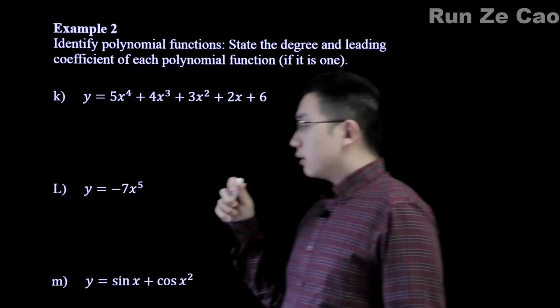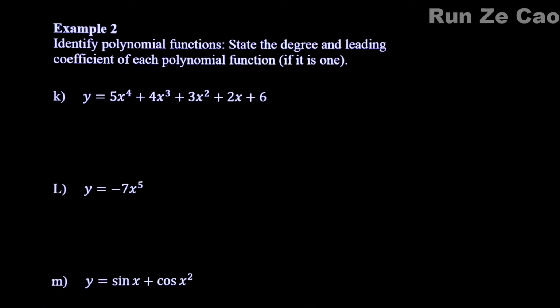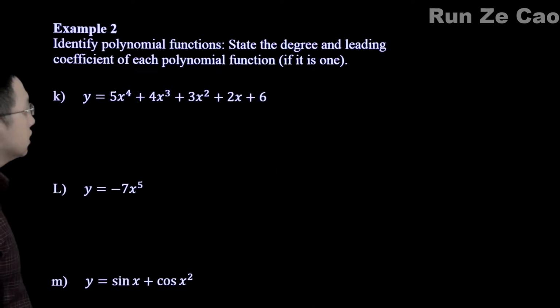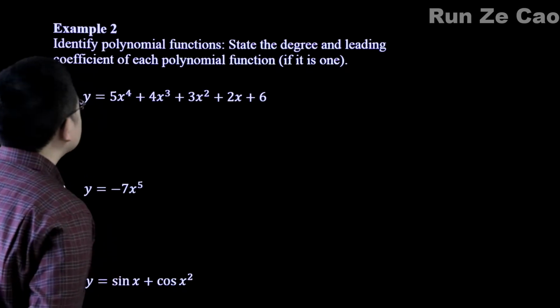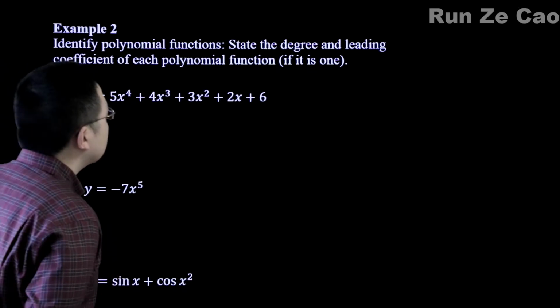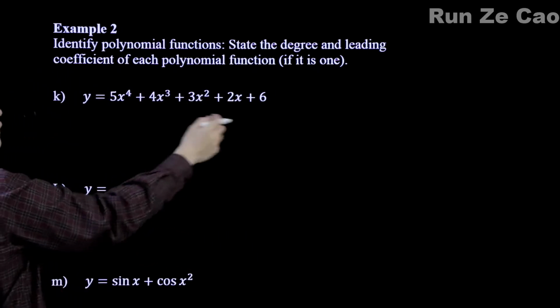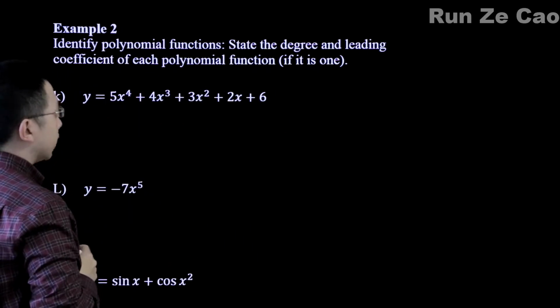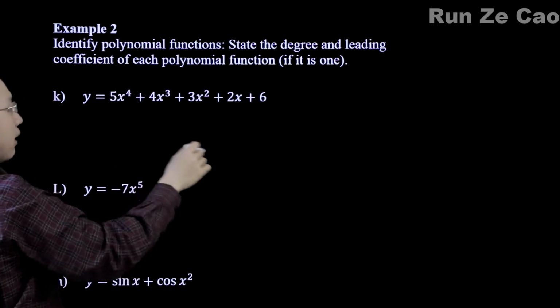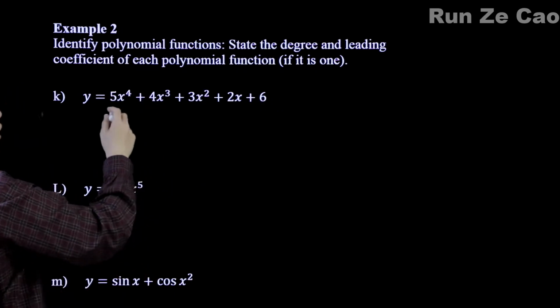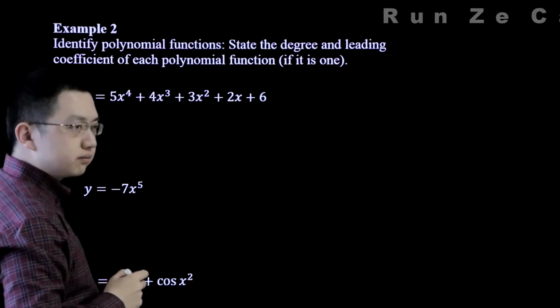Okay, here's another example. Identify polynomial functions, state the degree and leading coefficient of each polynomial function, if it is one. So here we have a polynomial, because they're all x to some power, including 0, and all have coefficients.